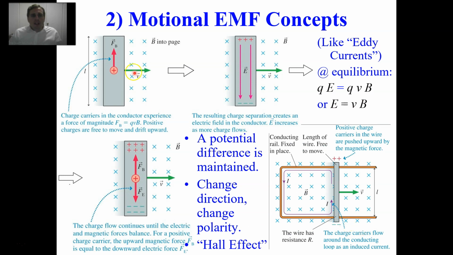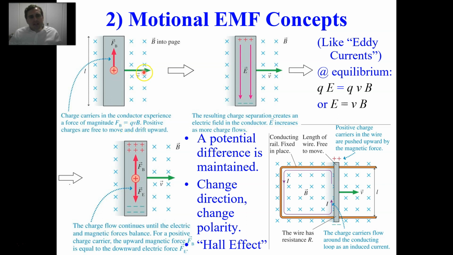By the way, there's an interesting way to generate an EMF in a conductor that's moving through a magnetic field. Let's walk ourselves through this. Suppose we have a conductor that's moving with a velocity in a magnetic field. Notice that charge carriers in the conductor experience a magnetic force QVB. Why is that?